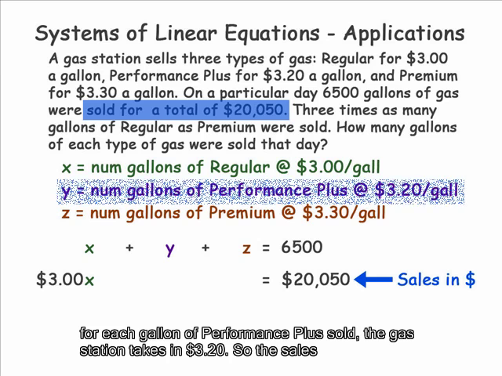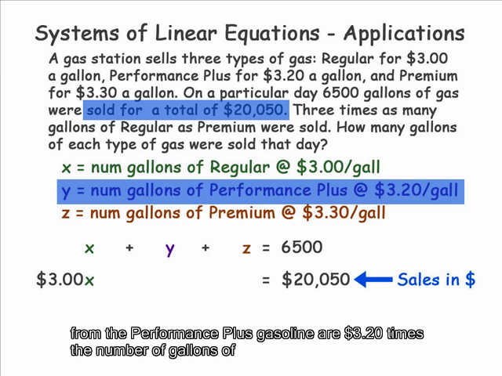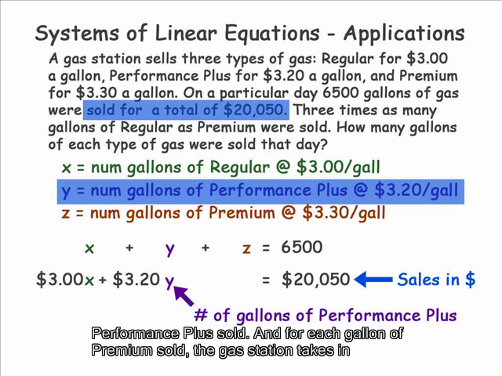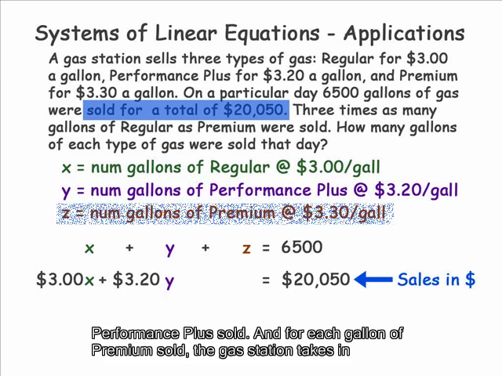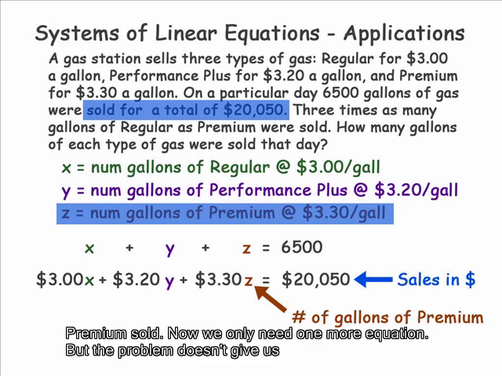And for each gallon of Performance Plus sold, the gas station takes in $3.20. So the sales from the Performance Plus gasoline are $3.20 times the number of gallons of Performance Plus sold. And for each gallon of Premium sold, the gas station takes in $3.30. So the sales from the Premium gasoline are $3.30 times the number of gallons of Premium sold.